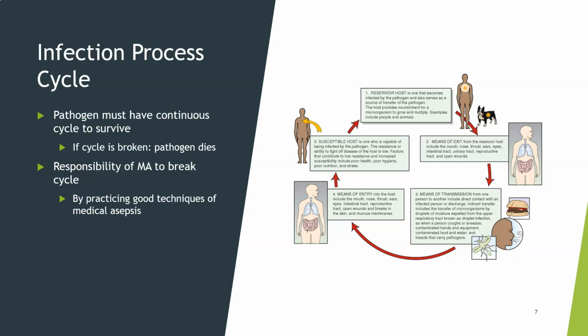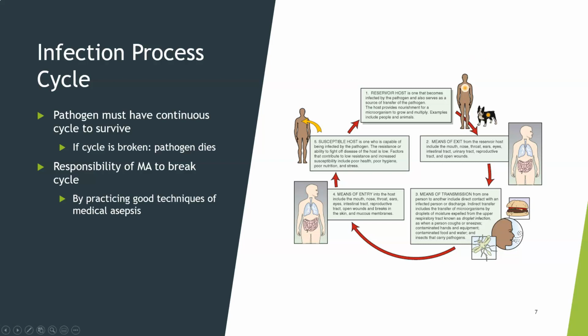And so obviously with that, the ability to protect and eliminate these means of entry are part of breaking this infection process cycle. And then lastly, there has to be a susceptible host who is capable of being infected by the pathogen. Your own body and immune system is going to also fight off these diseases. So for you to be infected, all 5 of these things have to occur.